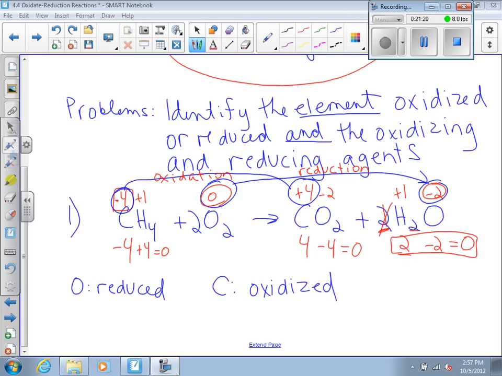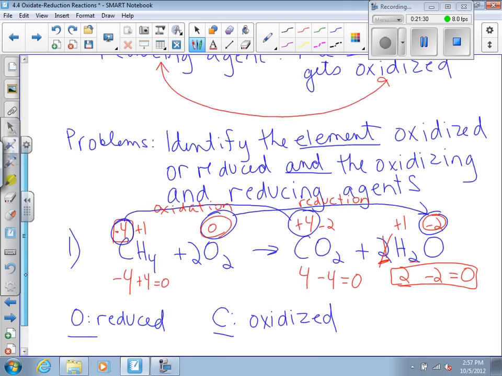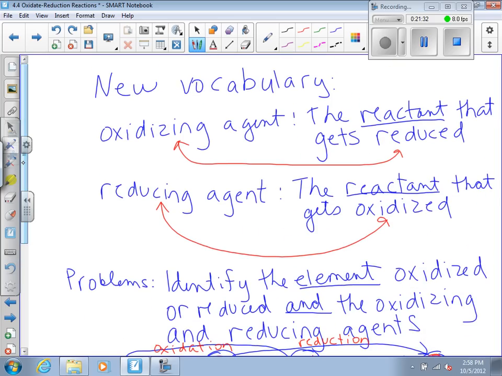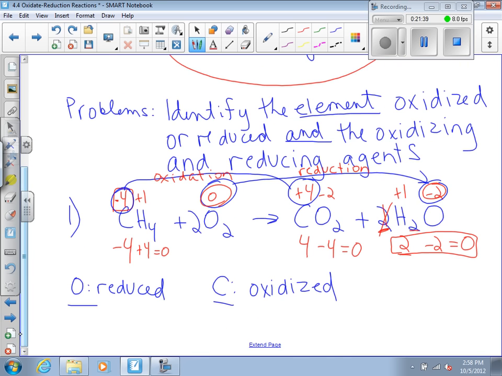Okay, now, we want to identify the element oxidized, that was carbon. The element reduced was oxygen. And we look at our definitions. The oxidizing agent is the thing that gets reduced, the whole reactant. So the whole reactant that got reduced was oxygen, O2, and this is the oxidizing agent.